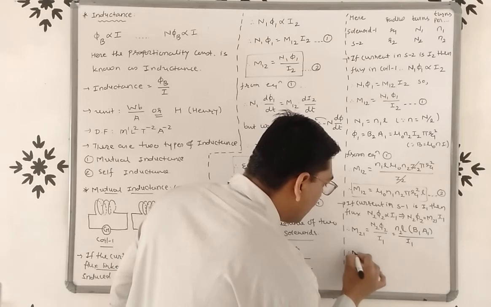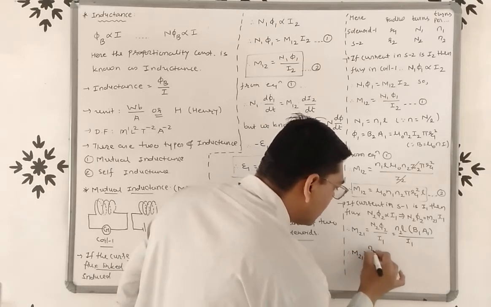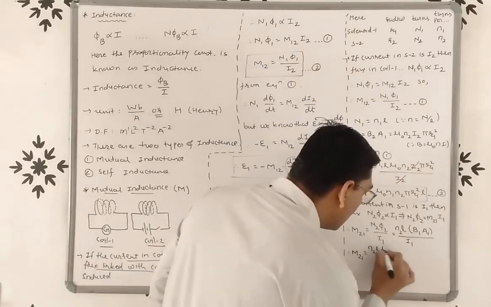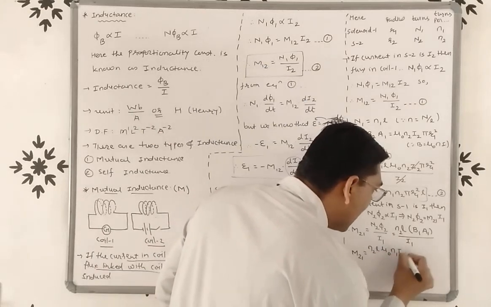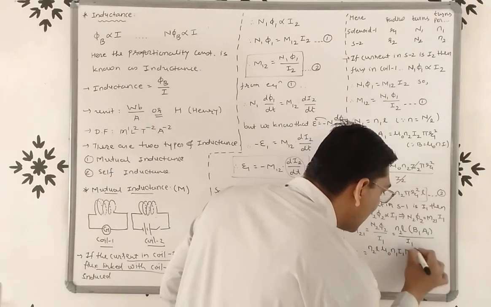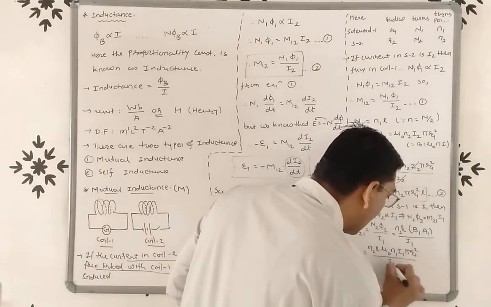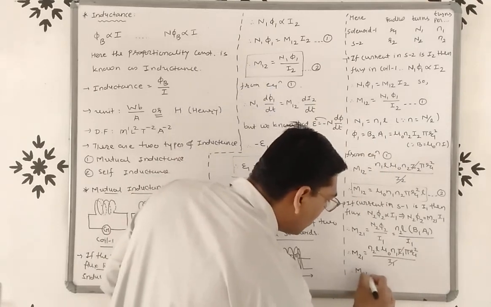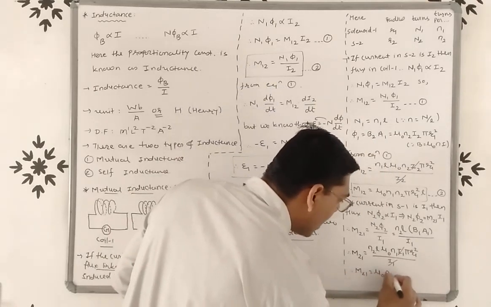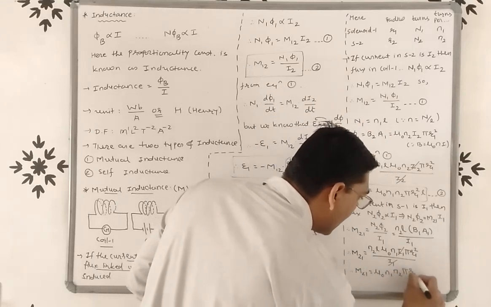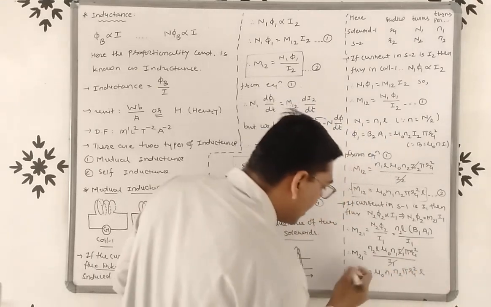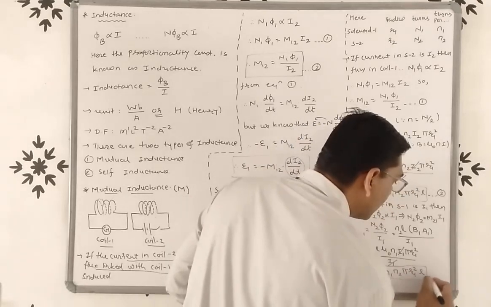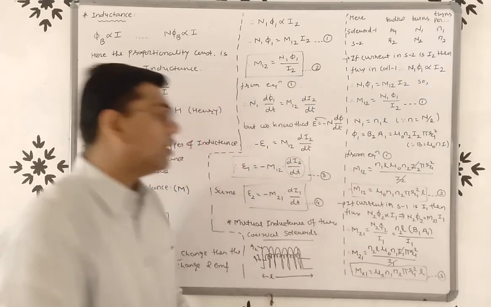B is equal to mu 0 n1 I1, and the area is pi R1 square, so I1 cancels. M21 is equal to mu 0 n1 n2 pi R1 square L. That is the mutual inductance of coil 2 with respect to coil 1. This is equation number 3.